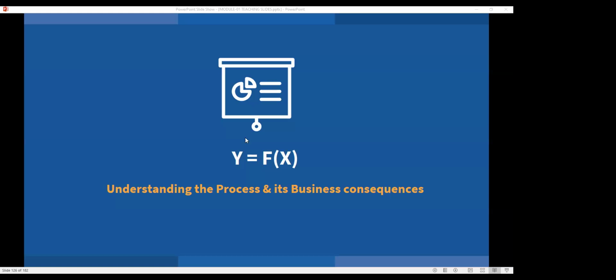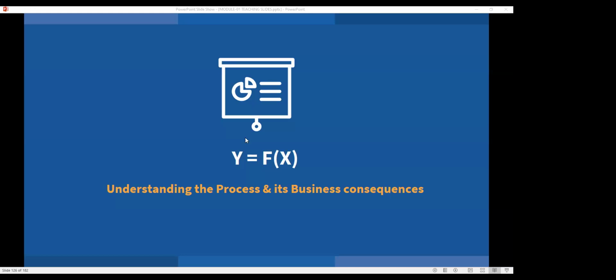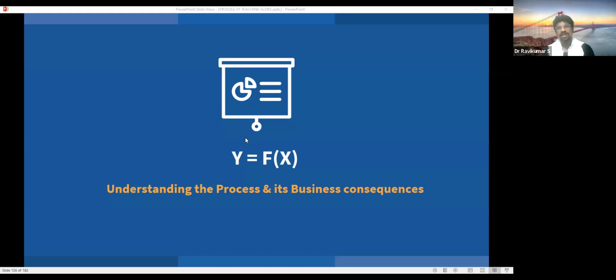The output is a symptom which increases the body temperature to 100 degrees. If you try to reduce the body temperature by immersing that person in cool water, will it work? May work, but it may not be an effective solution. It is not a solution at all, because you cannot reduce the output. You cannot change the output directly. You have to go and work on the input. That input only can vary the output.